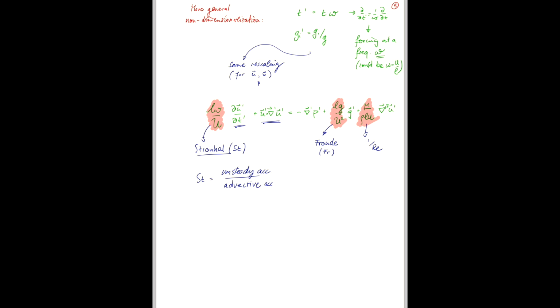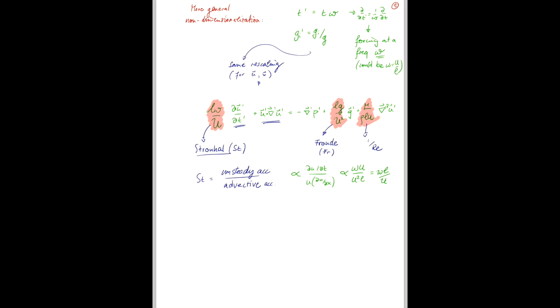So if we look at these two terms, they are proportional to du/dt, that's the top one, over u du/dx in the simplest way. So it scales as omega u over u squared over L, which is just omega L over u.